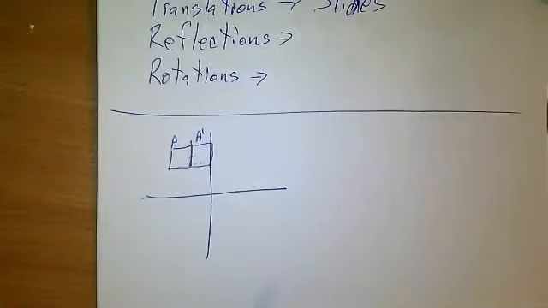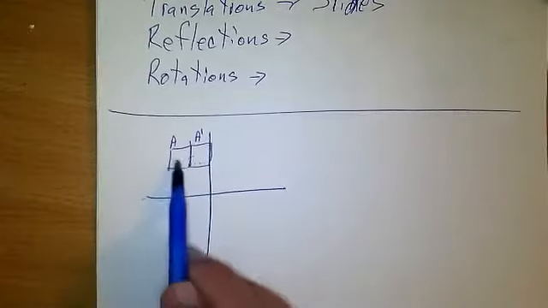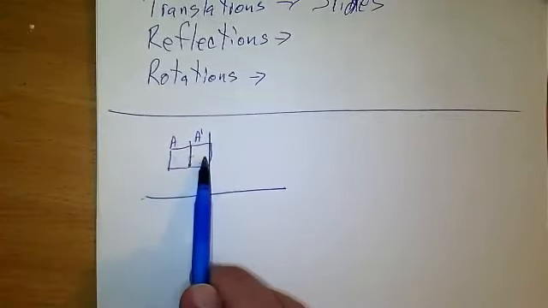Now, we haven't really talked much about the A prime type of thing, but in geometry, they'll use that to indicate that that's the copy, that's the duplication. Does that make sense? So A is our original object, and then A prime is going to be where it moved to. Does that make sense?